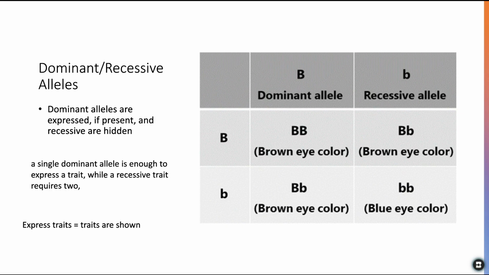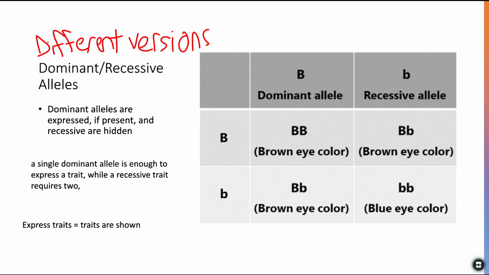Those versions are what we call dominant or recessive. These are different versions. Now, when we see the word dominant, we should think of the word strong.